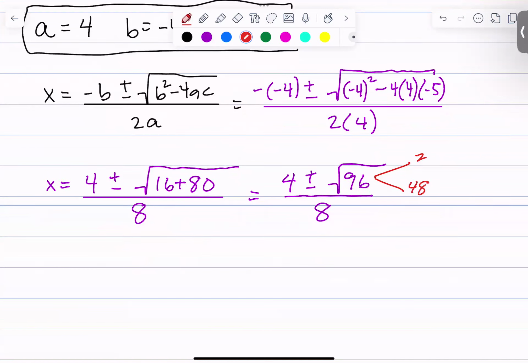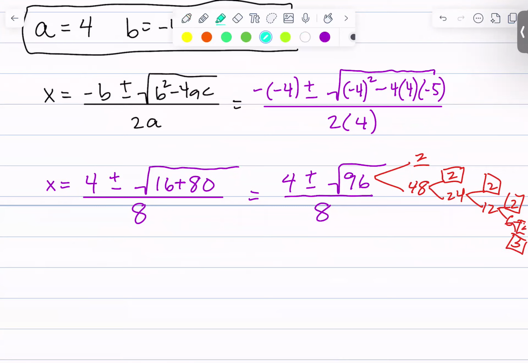And then 48 can be broken down into 2 times 24. 24 can be broken down into 2 times 12. 12 can be broken down into 2 times 6. 6 can be broken down into 2 times 3. So 96 equals 2 times 2 times 2 times 2 times 2 times 3. We broke it down into 2's.